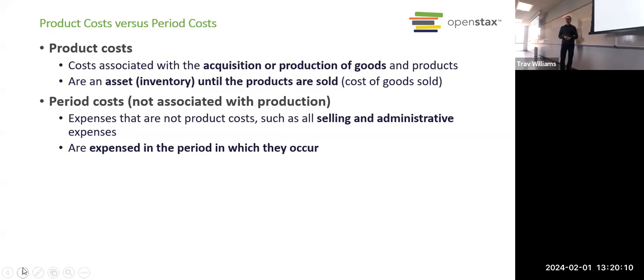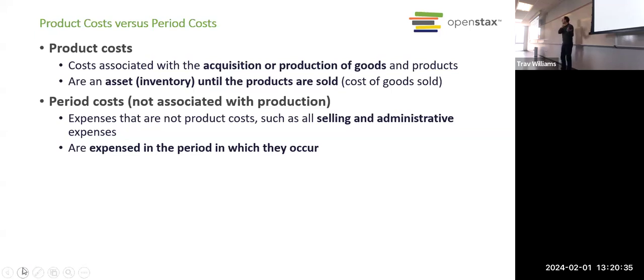Remember in financial accounting, learning about the expense recognition principle that says you can only count a production-related expense when there is revenue to be associated with it. So we can only count our inventory costs as expenses once we've sold the product.